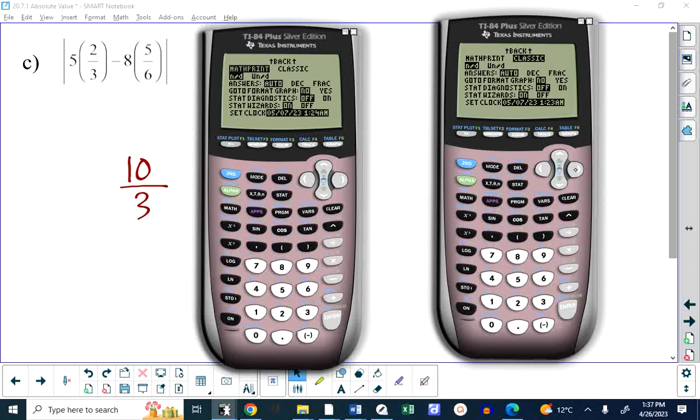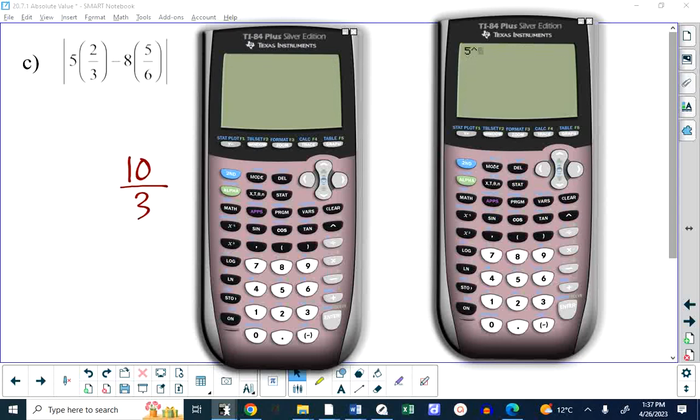But what that means is when I type something like 5 squared on mine, it appears like that. When many of you type it, it appears like that. Okay? It also means that when I go math number ABS, this is what I see. But many of you, when you go math number ABS, you actually see absolute value signs.